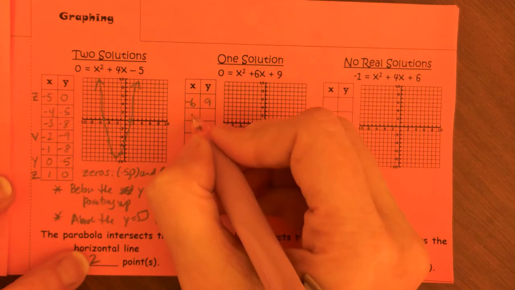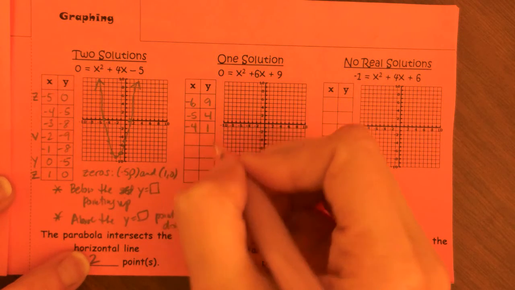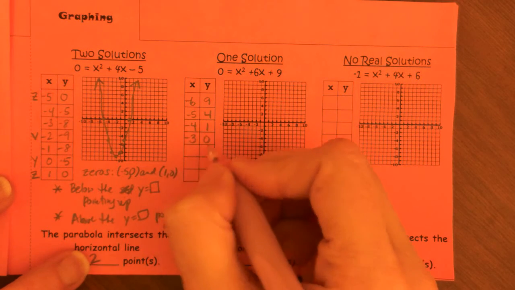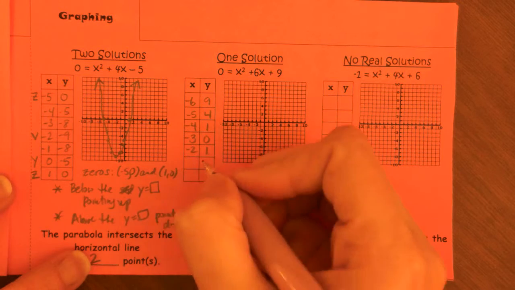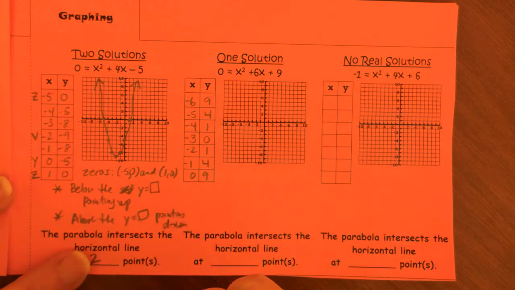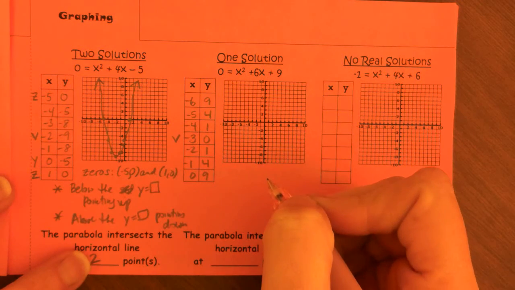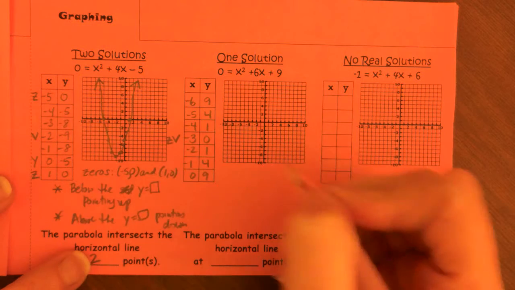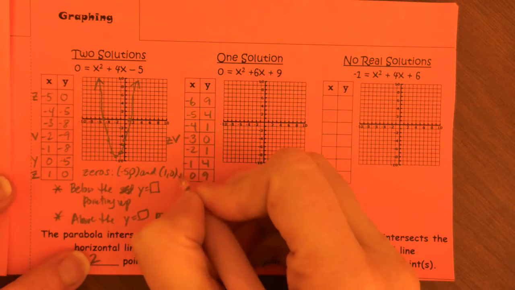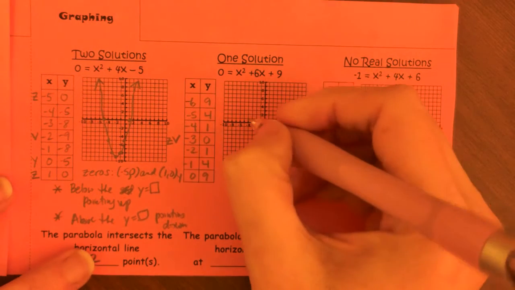-6, 9, -5, 4, -4, 1, -3, 0, -2, 1, -1, 4, 0, 9. Now with these points, again, I have my vertex, which is also my zero, and here's my y-intercept. Now, I'm going to go ahead and start plotting these points.